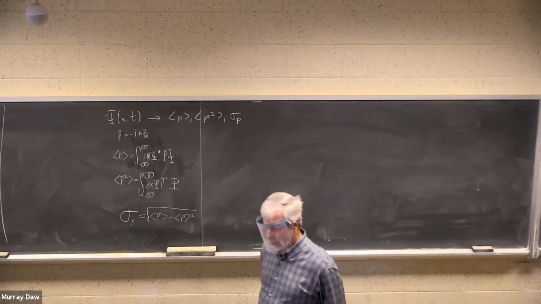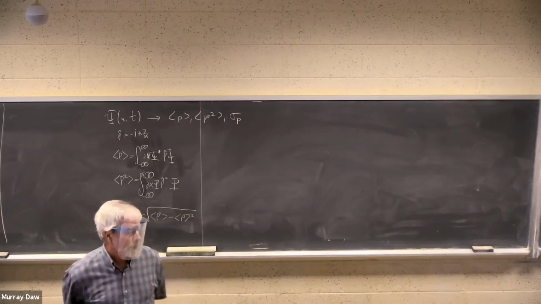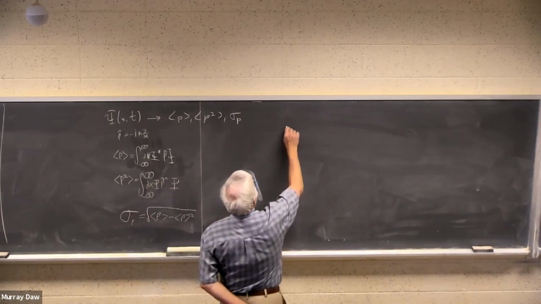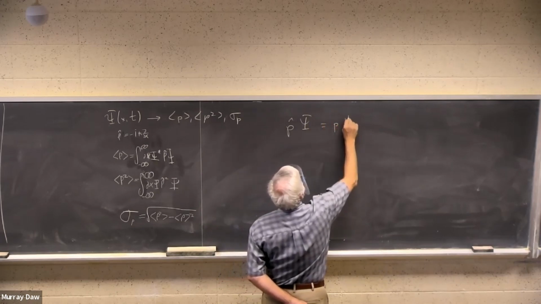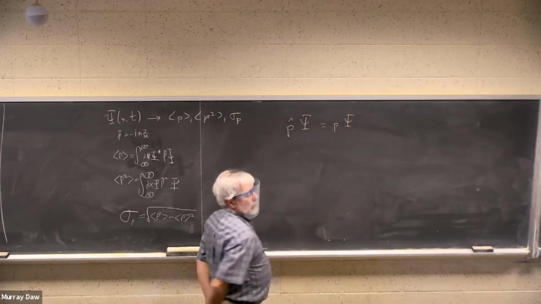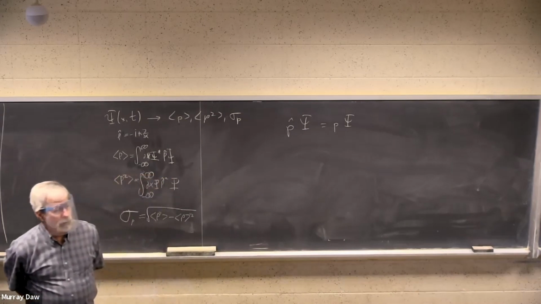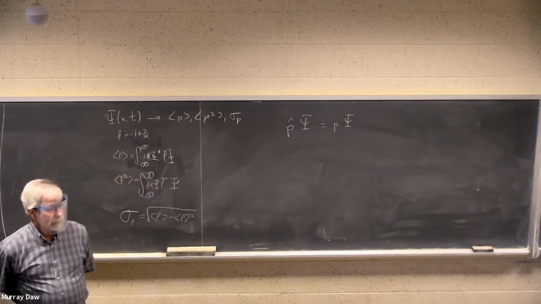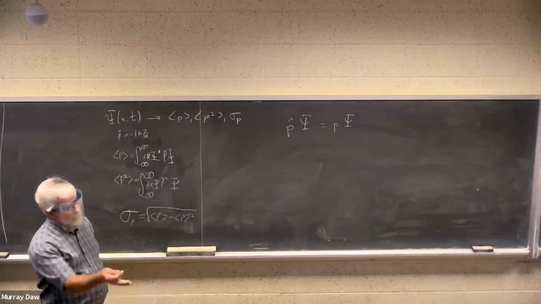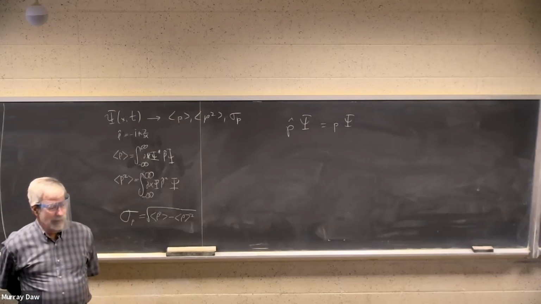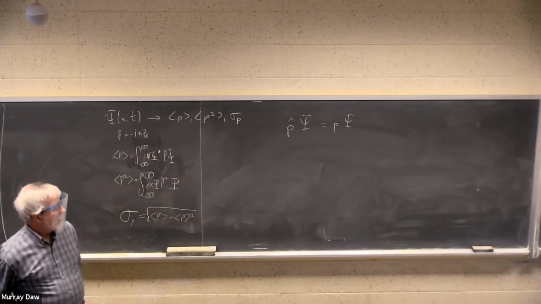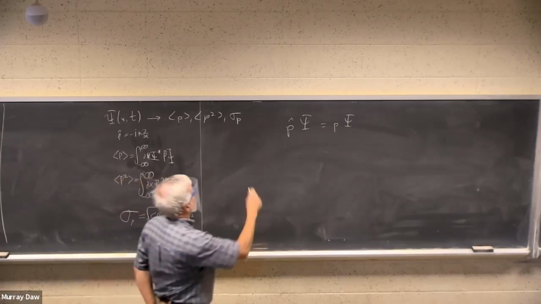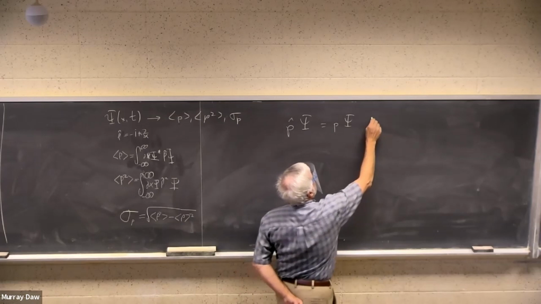It does for a plane wave, but not in general. This is not true in general. We went through that; it's in the book, so you need to review it.